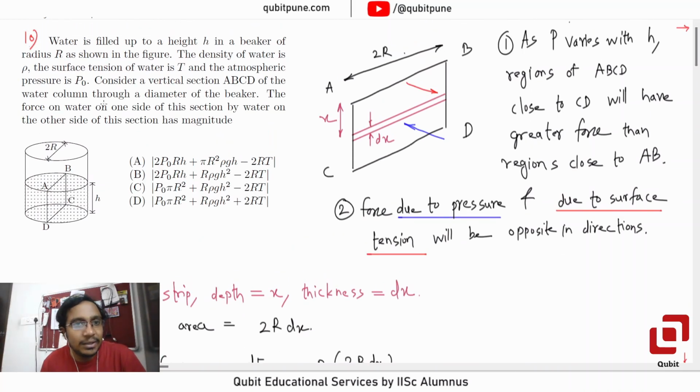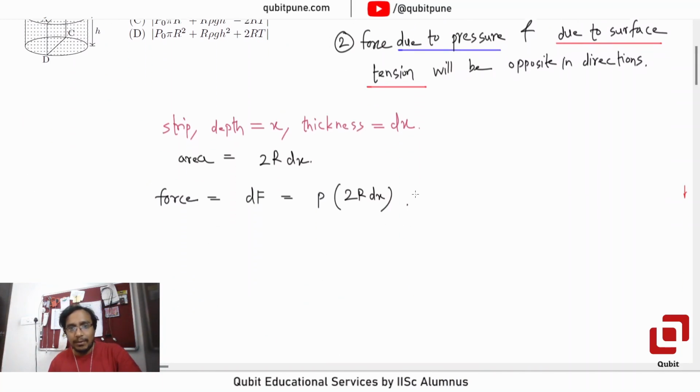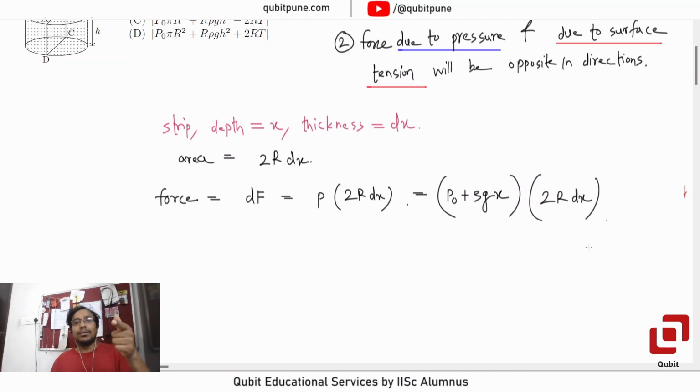Atmospheric pressure is P naught, and assuming the incompressibility of water, density remains constant. So P will be P naught plus rho g, and because that depth is varying, let us take the depth x there. So P naught plus rho gx into 2r dx is the force acting on that particular strip.